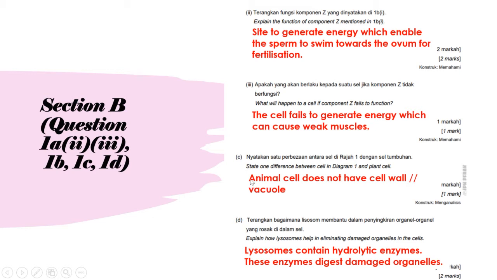Please mention also the plant cell, not just the animal cell, you have to compare both. Another answer is animal cell does not have a vacuole, while the plant cell has a vacuole. That is the answer for question 1C.